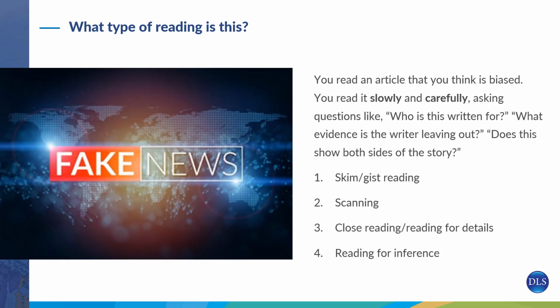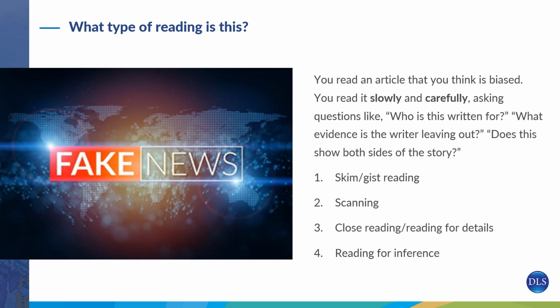Now, last one, you read an article, a newspaper article, that you begin to think is biased. You read it slowly and really carefully, and as you read, you ask questions like, who is this written for? What evidence is the writer leaving out? Does this article show both sides of the story?